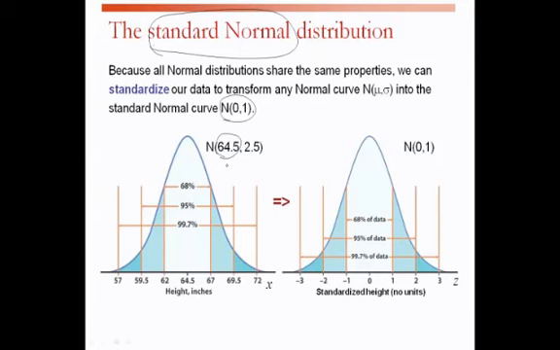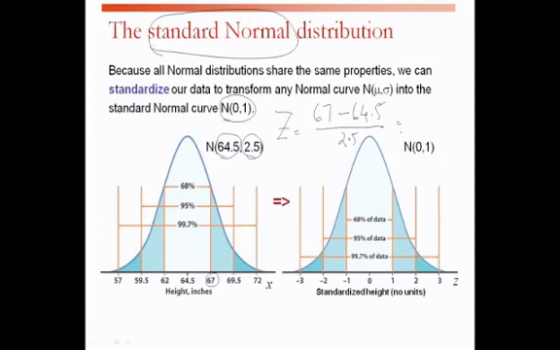So let's take a number, 67. Okay? How do we do that? It's called standardization. I'll take the number 67, subtract from it the mean, which is 64.5, and divide by the standard deviation 2.5. What do you think I get? 1.